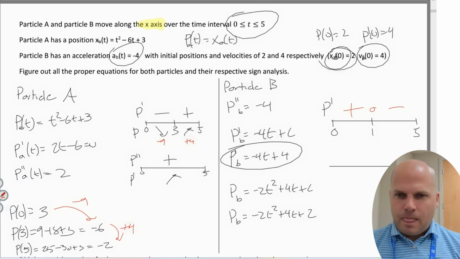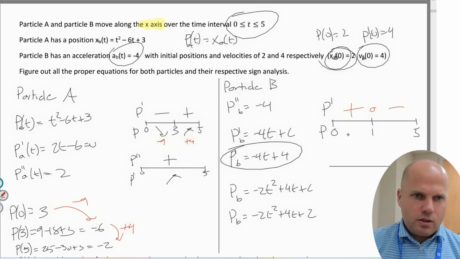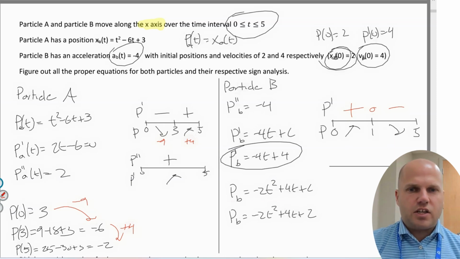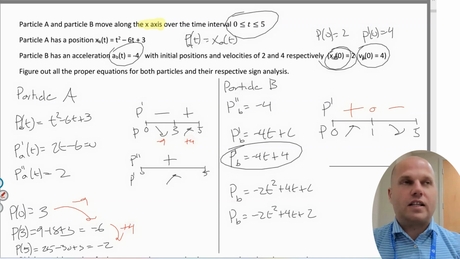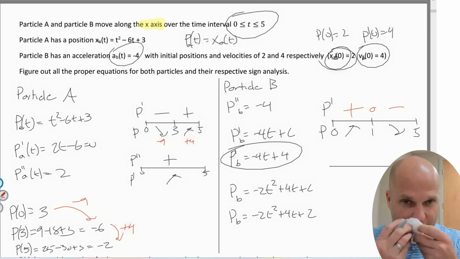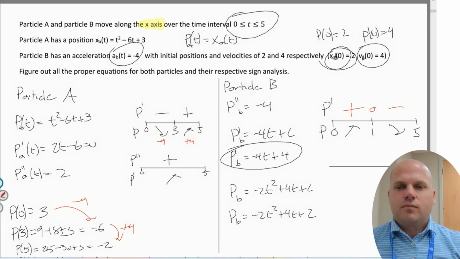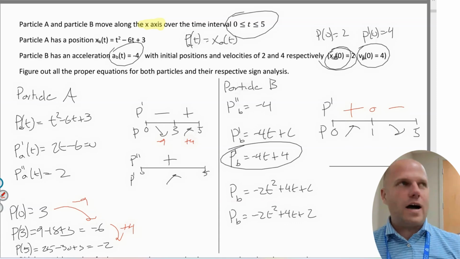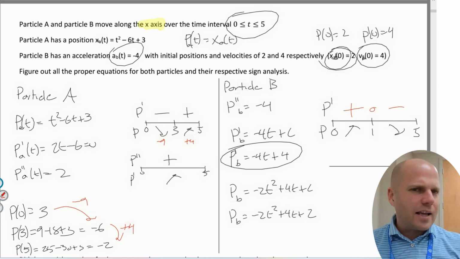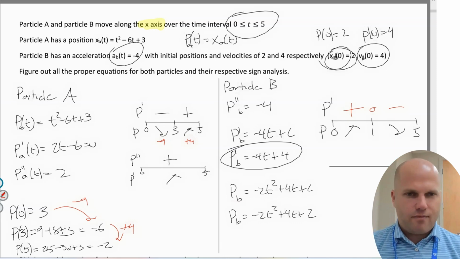That is telling me how my position is changing, whether my position's increasing or decreasing. Increasing and decreasing means moving right or moving left if we're talking about moving on the x-axis, not moving up or moving down, which would be y-axis, and not like a graph, like what we did in Unit 3, sketching f.